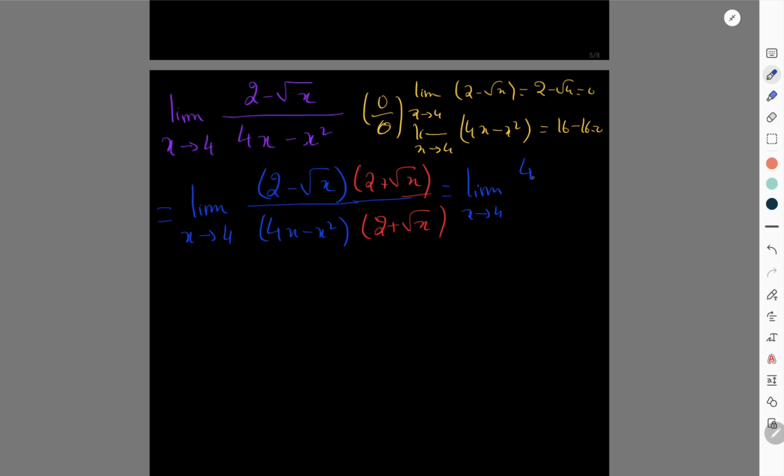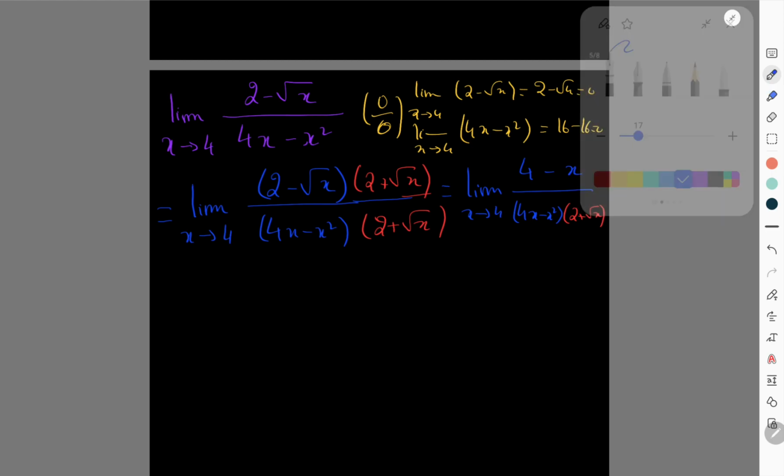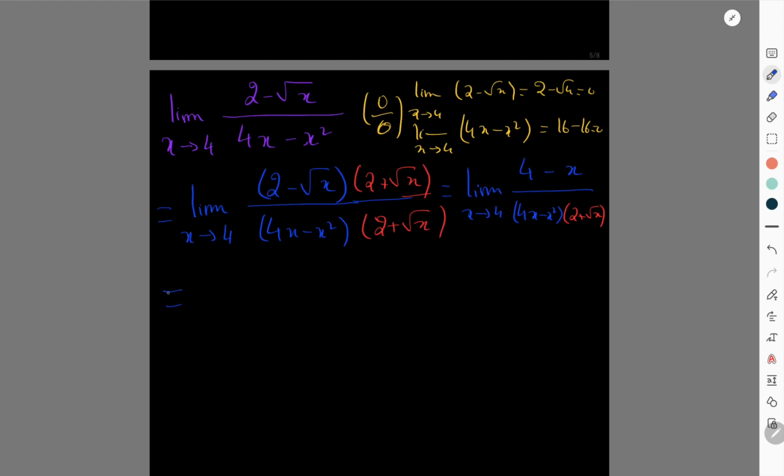So let's do that. This is a squared minus b squared, so it's 4 minus x over (4x minus x squared) times (2 plus root x). And now let's pay attention that I can factor an x out from the denominator. What happens here? This is 4 minus x.